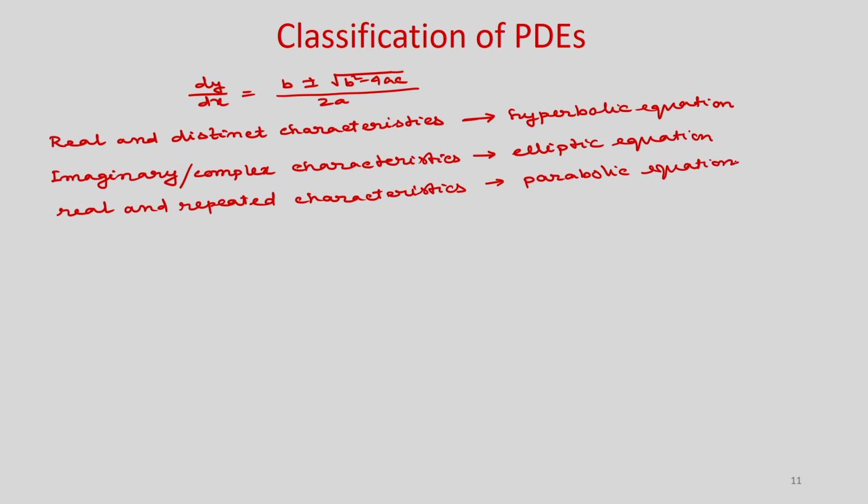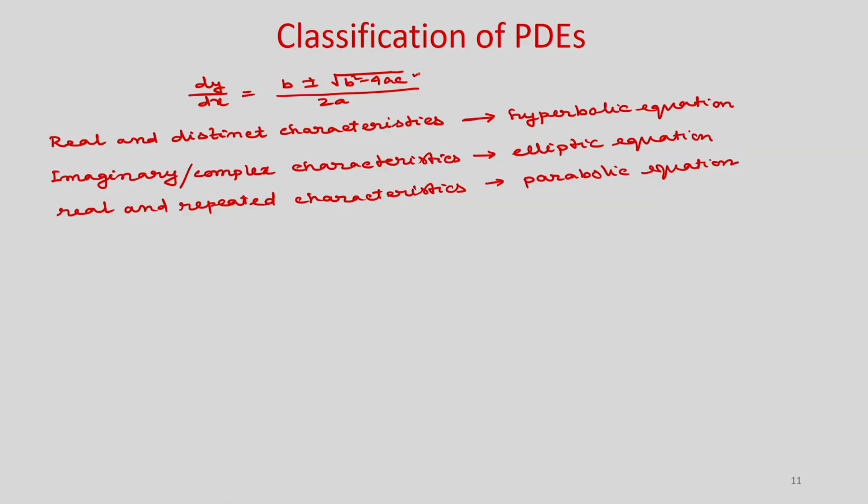So, first you have to find the characteristics. If you find that you have real and distinct characteristics, then it will be hyperbolic in nature, and if it is imaginary or complex characteristics, then you will get elliptic in nature, and if you have real but repeated, then you will get parabolic in nature. Now you can see when it will become real and distinct.